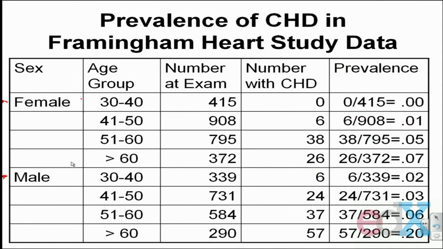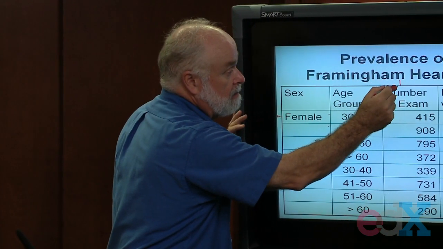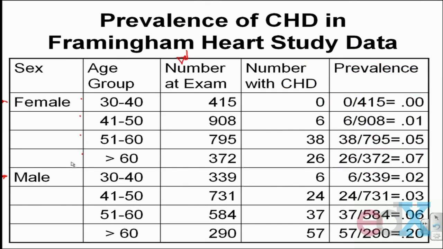People who are 30 to 40 years old, 41 to 50, 51 to 60, and above 60 for both the females and the males. What I have in the next column is the number of people who were examined at that 1956 exam. So, for example, there were 415 females in that 1956 exam who were between the ages of 30 to 40 years old.